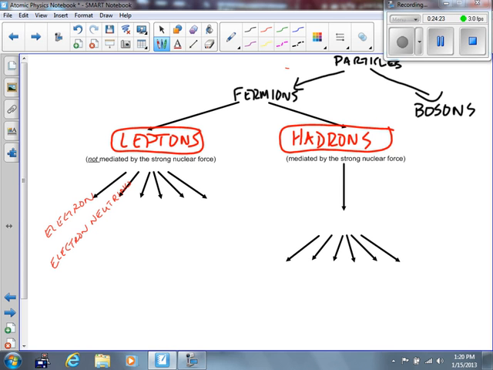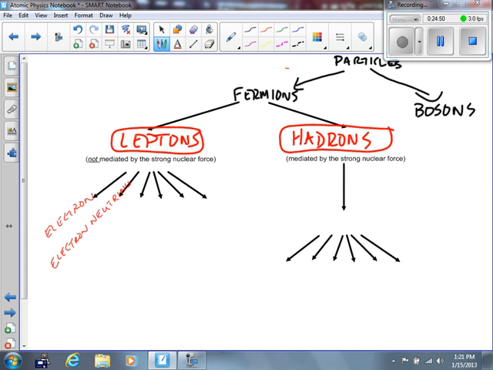When you get beta positive decay, a proton changes into a neutron and a positron, you get a neutrino produced. The neutrino that we talked about with beta negative and beta positive decay is an electron neutrino. Now, there are other types of neutrinos as well. But because the only type of neutrino that we ever deal with in Physics 30 is an electron neutrino, we often just drop the electron word in front of it and just call it a neutrino.